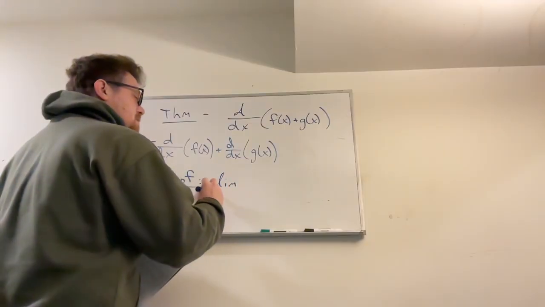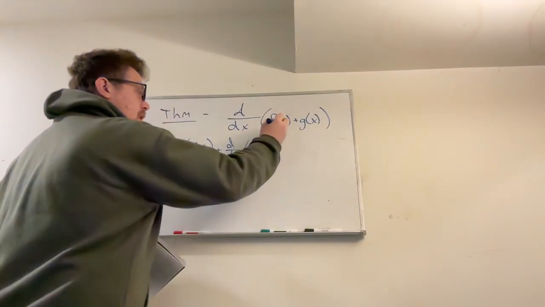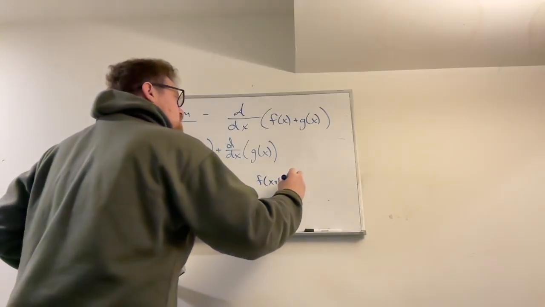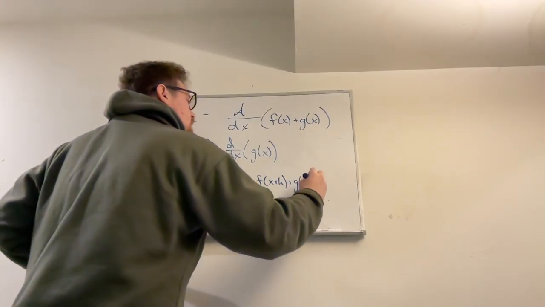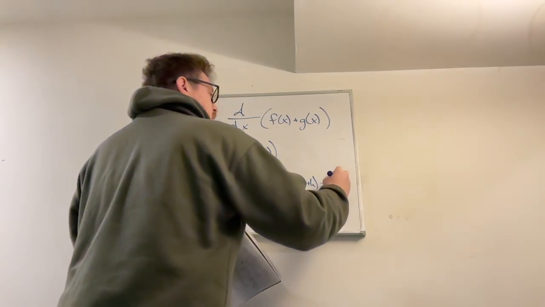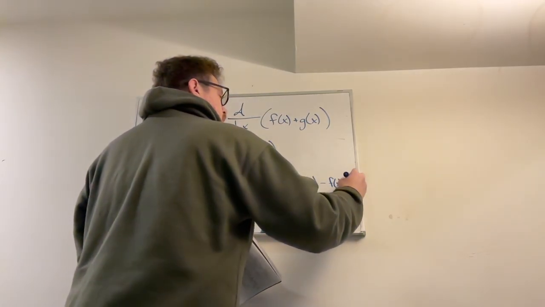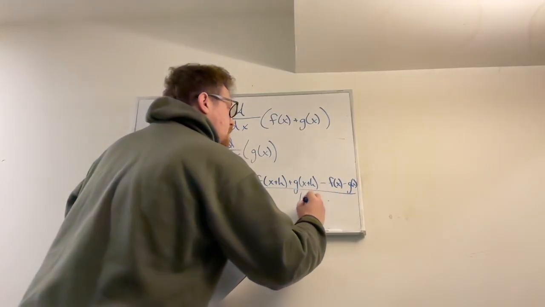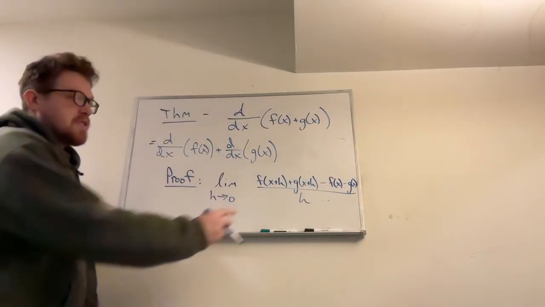Limit as h goes to 0, f of x plus h plus g of x plus h minus the sum, or minus f minus g, all divided by h. Right, well, you can split this up.